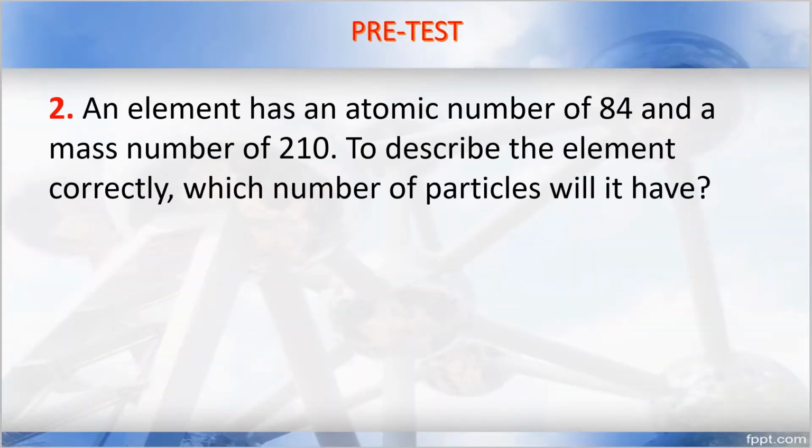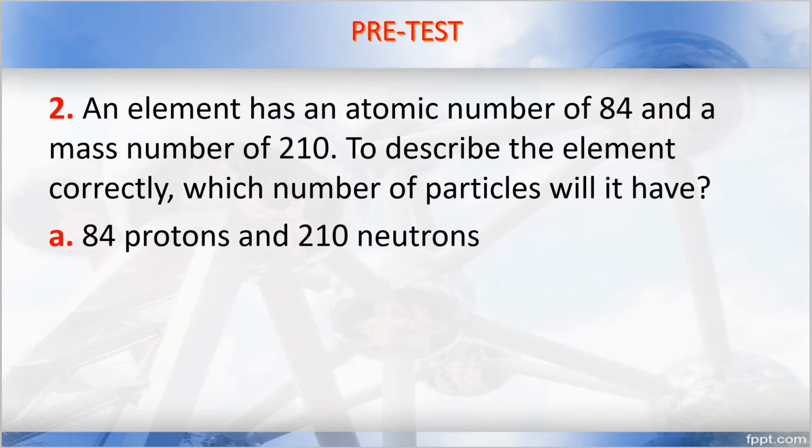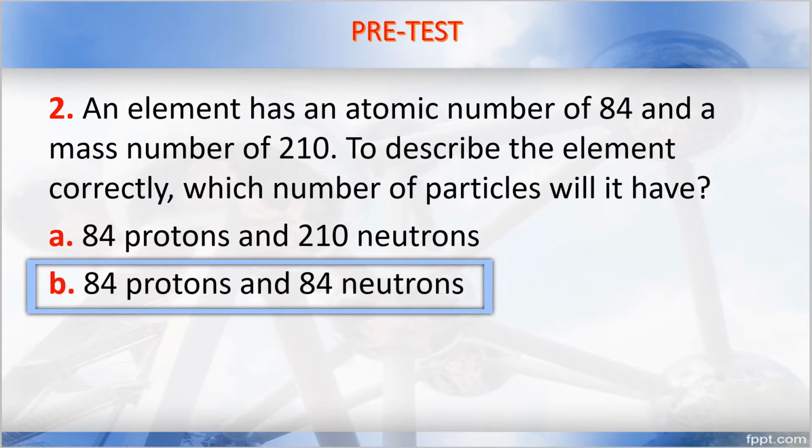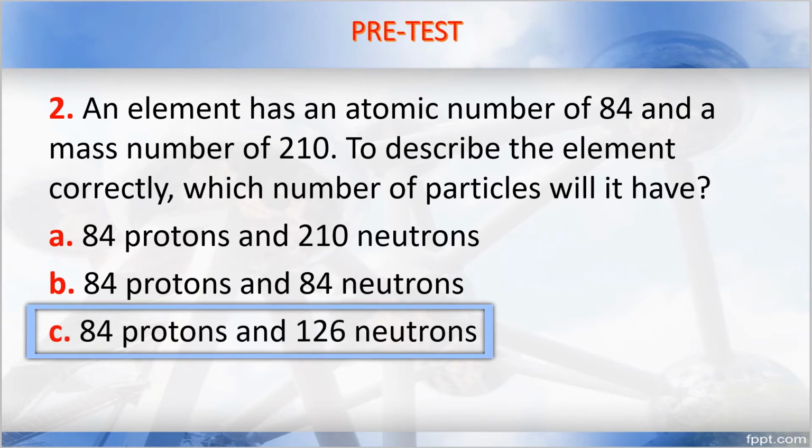Number 2. An element has an atomic number of 84 and a mass number of 210. To describe the element correctly, which number of particles will it have? A. 84 protons and 210 neutrons. B. 84 protons and 84 neutrons. C. 84 protons and 126 neutrons.